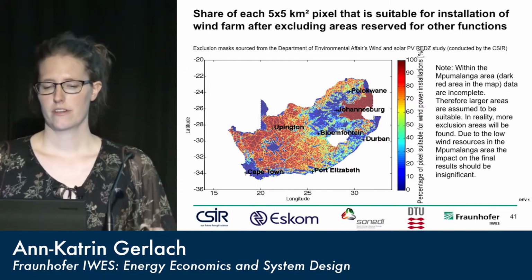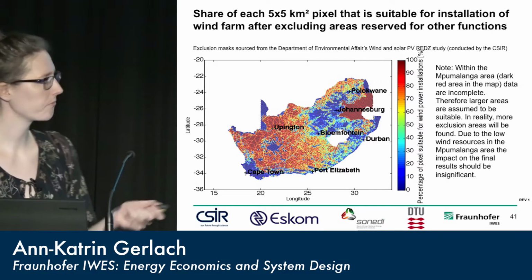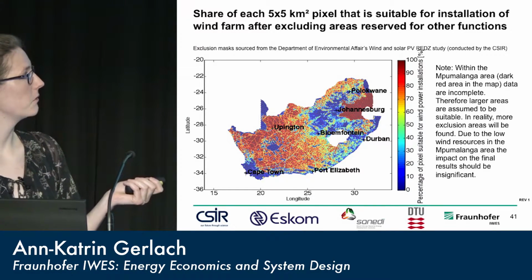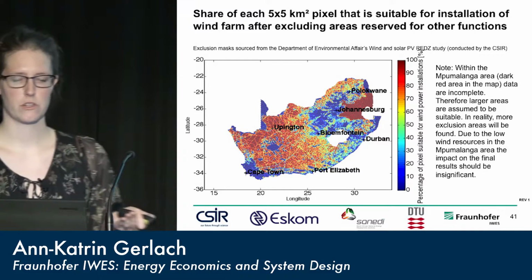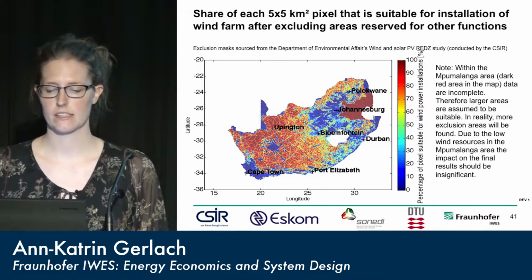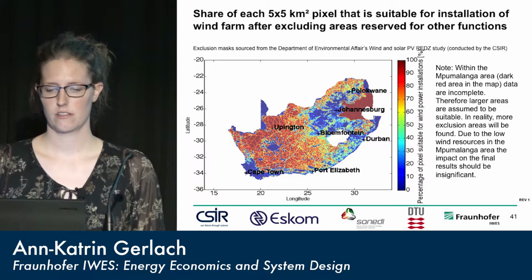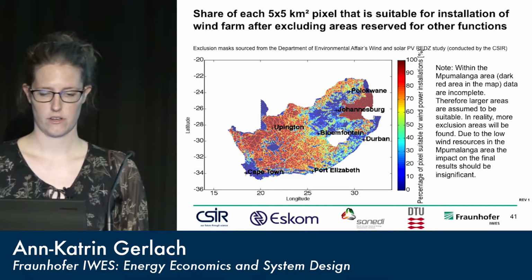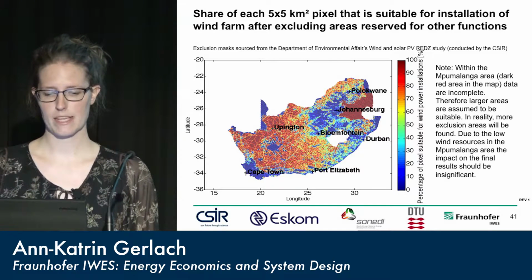And further on we did have exclusion areas that we couldn't use because there were already buildings or streets or water or something, and we excluded them from the other spaces.